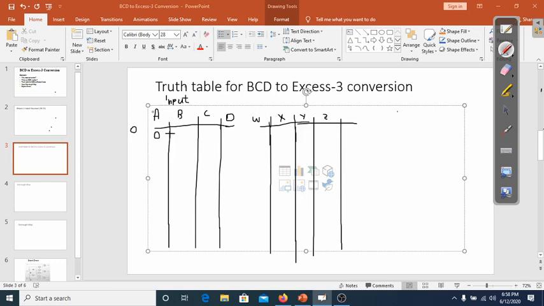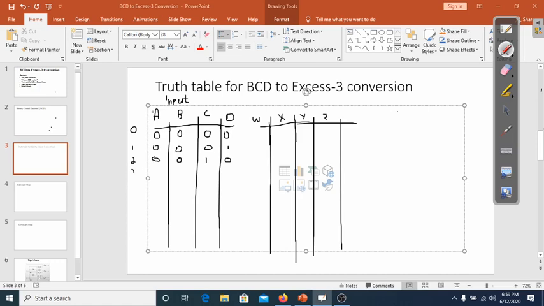0 0 0 0. When the decimal number was 1, I use BCD code 0 0 0 1. For decimal number 2, its BCD code is 0 0 1 0.